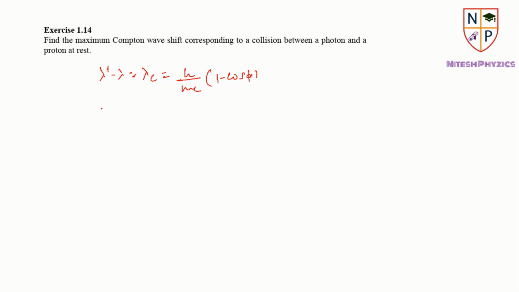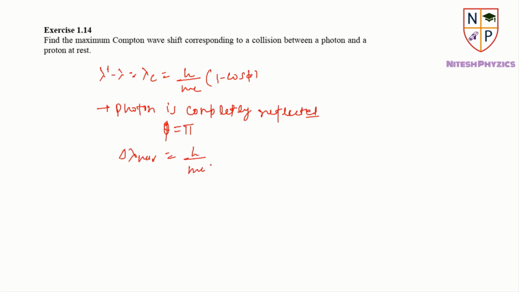That only happens when theta is phi. Now the value of delta lambda max will be h upon mc into 1 minus cos phi. The value of cos phi will be minus 1, then it will become 2h upon mc.